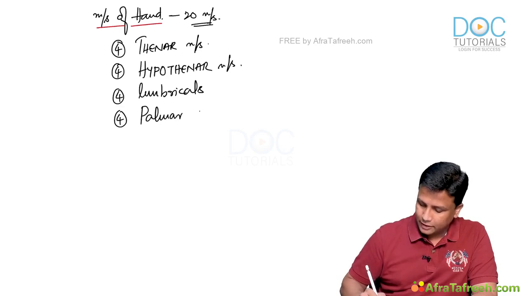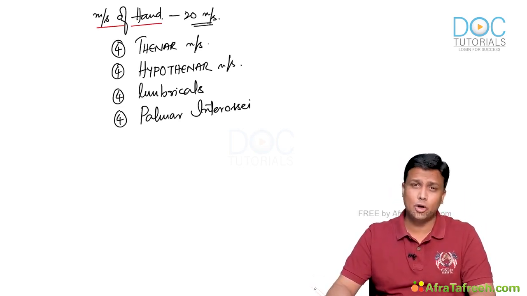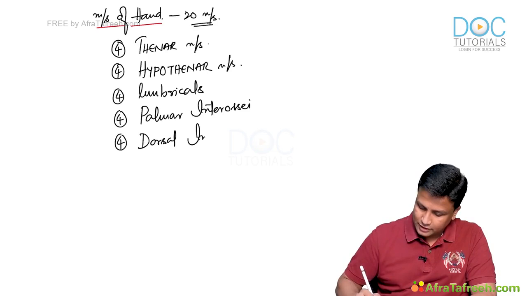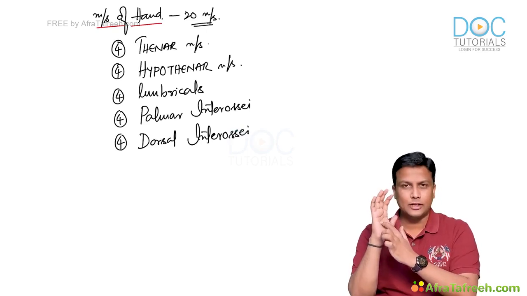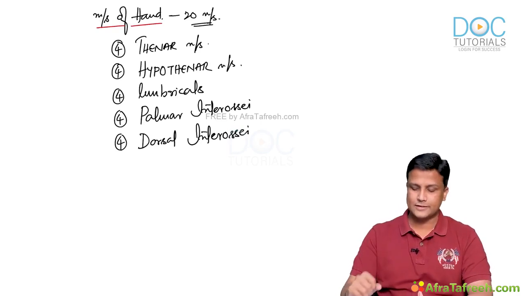That will be palmar interossei. From the name itself, you can understand, guys. Interossei. Inter means in between, osseous means bone. And then there will be 4 dorsal interossei. So there will be 4 palmar interossei, and then 4 dorsal interossei. So there will be 4 thenar muscles and 4 hypothenar muscles, 4 lumbricals, 4 palmar interossei, and 4 dorsal interossei, guys.